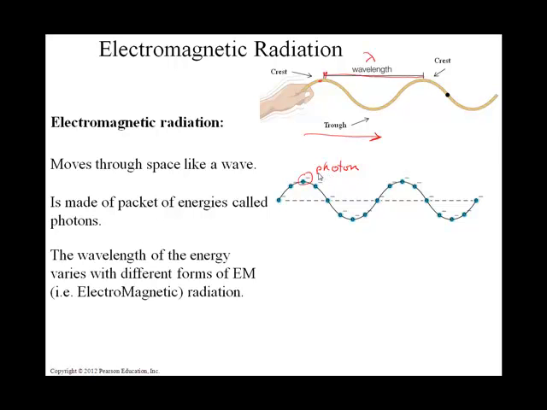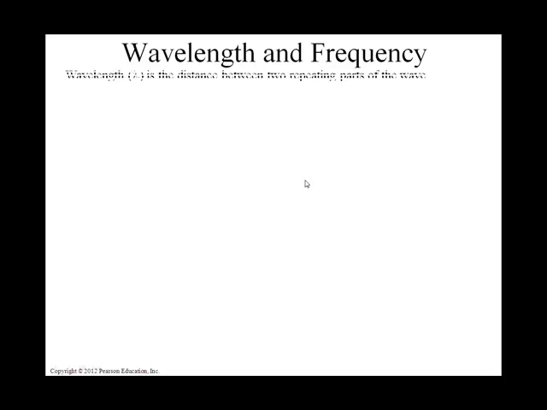But both the gamma ray photon and the radio photon are traveling at the speed of light in a wave sort of function. I just think it's amazing. So we use the Greek letter lambda. It looks like an upside down V with kind of a tail on the top, as wavelength.